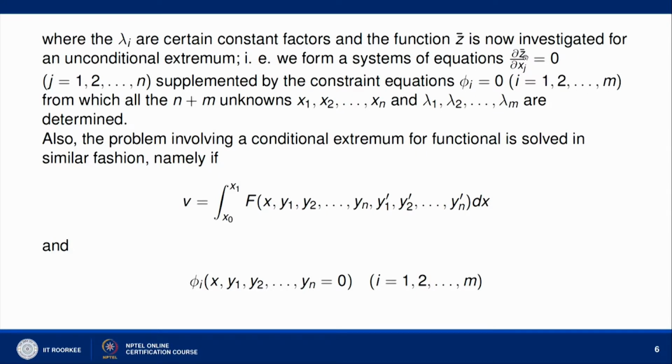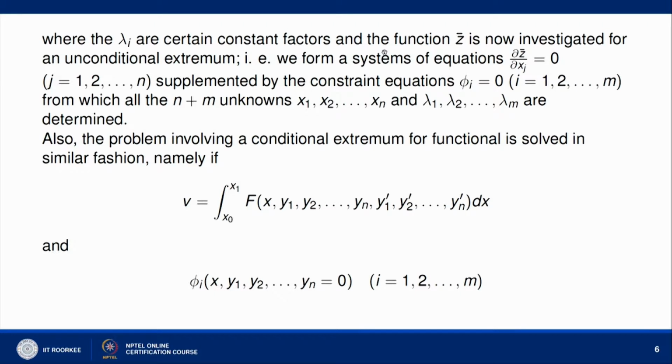So these are n equations, and here we have m equations. So we have n plus m equations, which give n plus m unknowns, that is x1 to xn and the constants lambda 1 to lambda m. This is known as the Lagrange method of undetermined coefficients, which we generally apply in calculus.